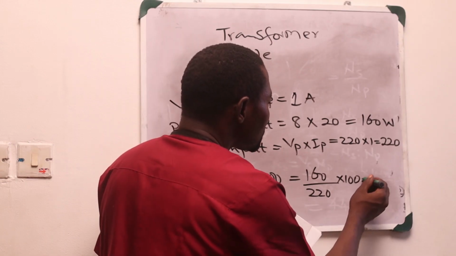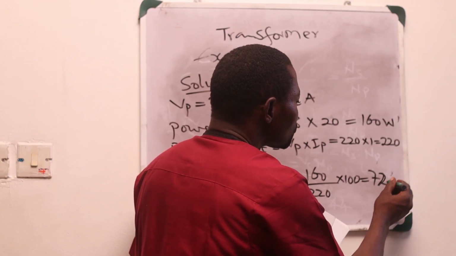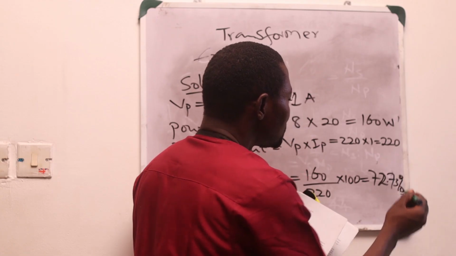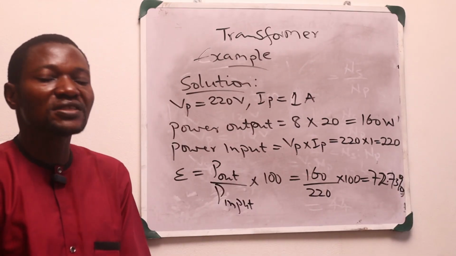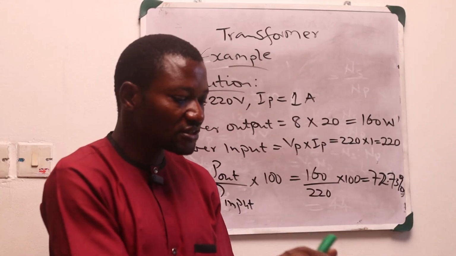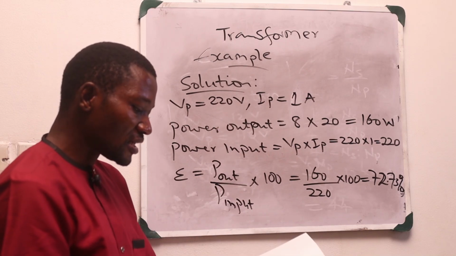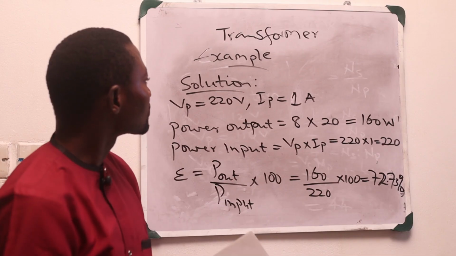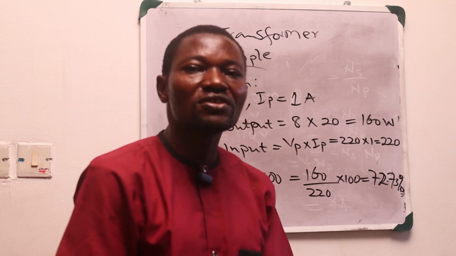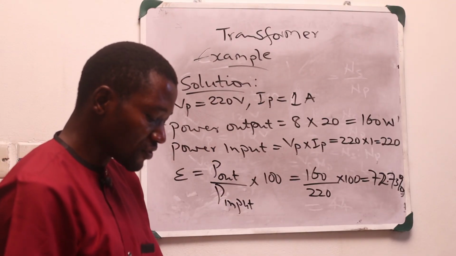So the efficiency of the transformer, if we simplify, is 72.73%. So the efficiency of this transformer is 72.73%. So this is the approach that we use in computation, calculating either the number of turns, the voltage in primary, secondary, and even the efficiency of the transformer.